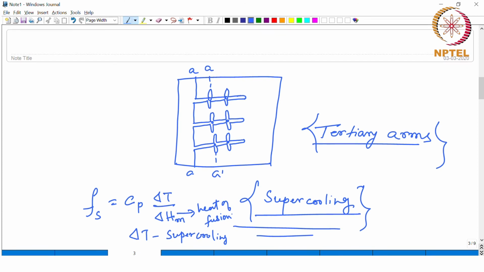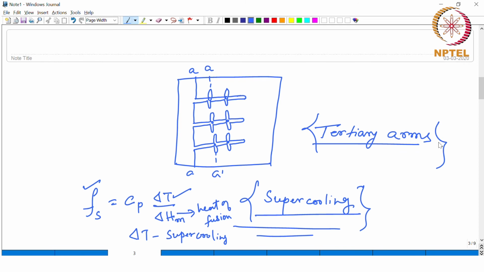Right. So, from here again we can see that this delta T and the fraction of solid which forms are directly proportional to each other, and therefore, as I said, a high amount of supercooling or a continuous heat removal to the surrounding is needed for these dendrites to grow.